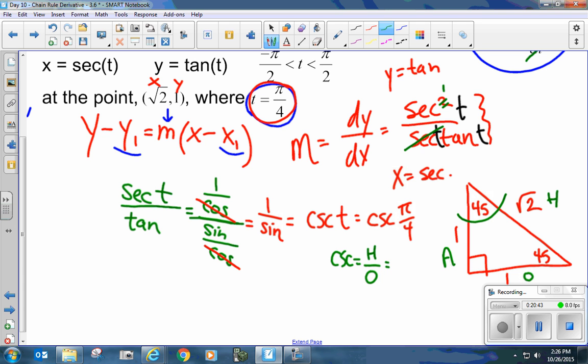Cosecant is the flip of sine. Isn't secant the flip of cosine? So cosecant is the flip of sine. So whatever sine is, opposite over hypotenuse, cosecant is the flip. Okay, you with me now? You with me all right? Question.